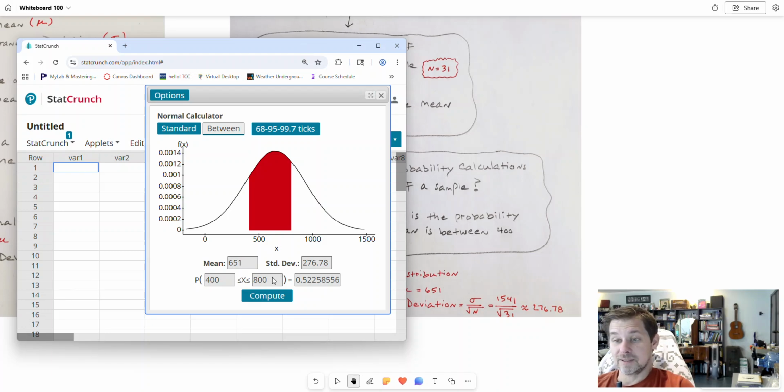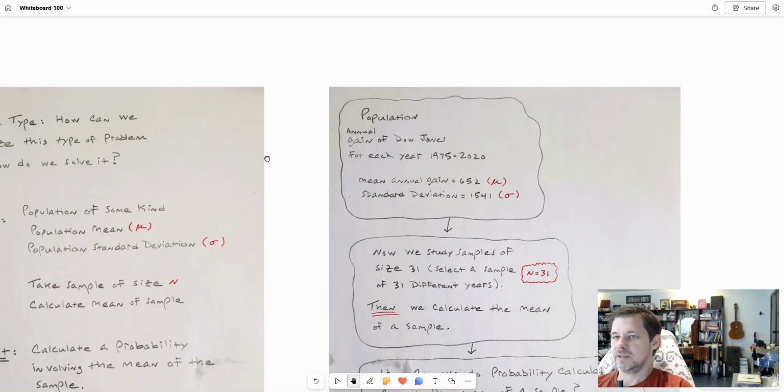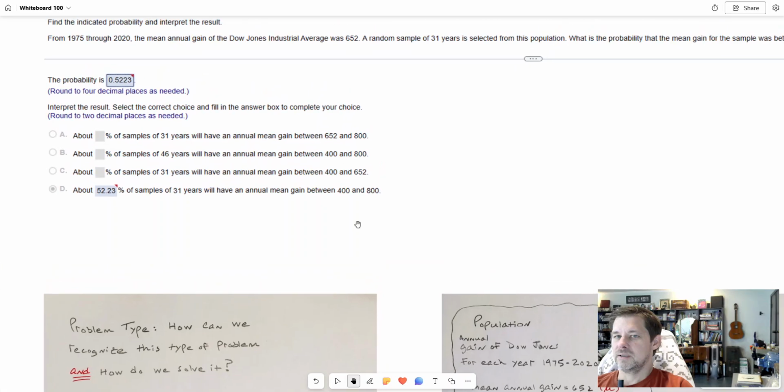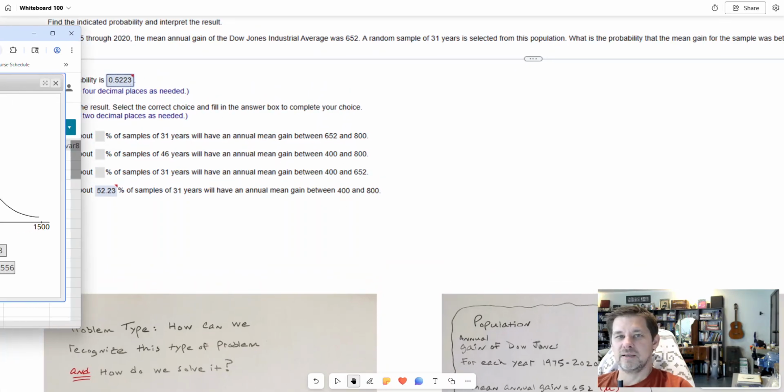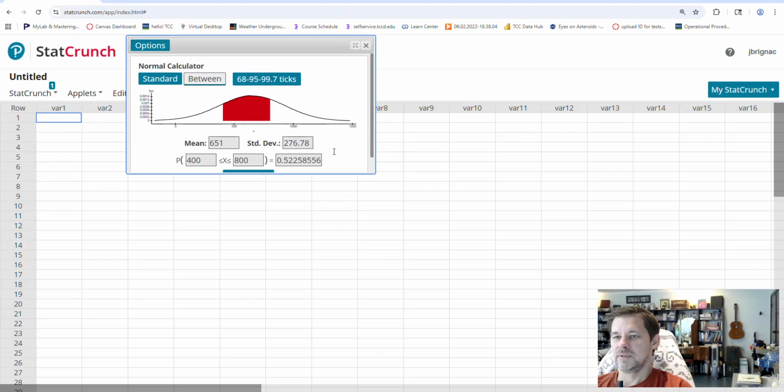Now, what does it say in that question? Notice that there's my number, the probability. What you'll put there is this number, 0.5225. Now you will notice they're a little bit different here. That's a 0.5223.